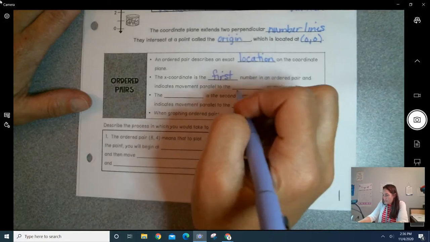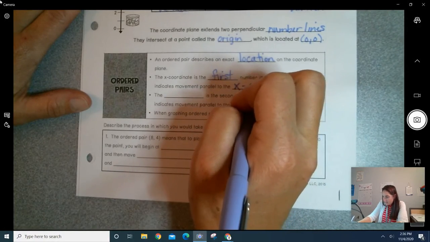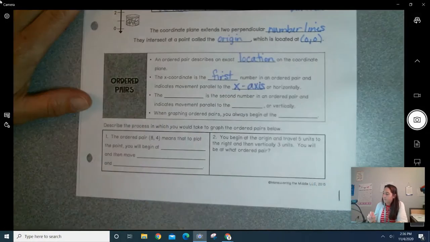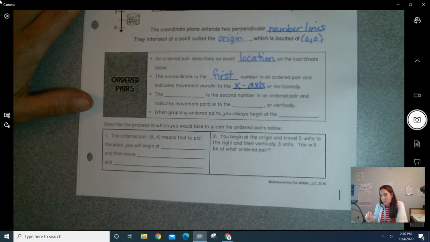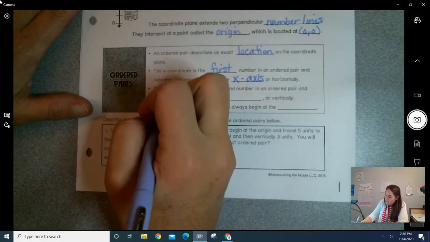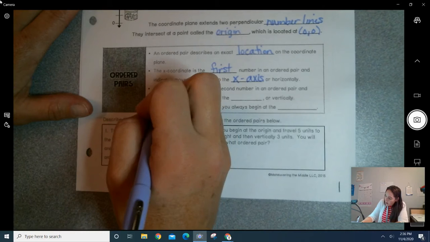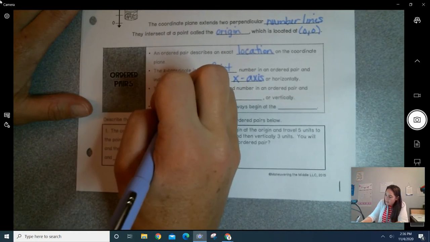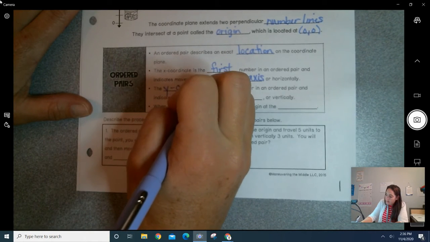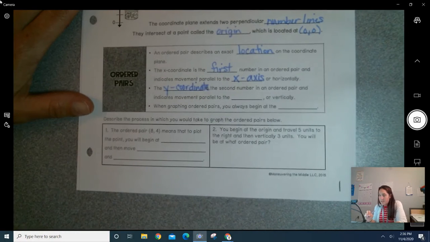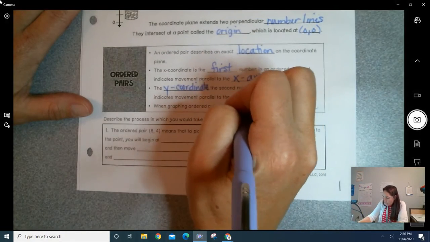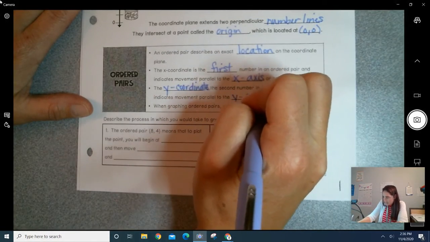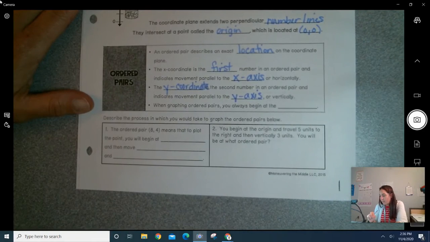The x-coordinate is the first number in an ordered pair and indicates movement parallel to the x-axis or horizontally. The y-coordinate is the second number in an ordered pair and indicates movement parallel to the y-axis or vertically.